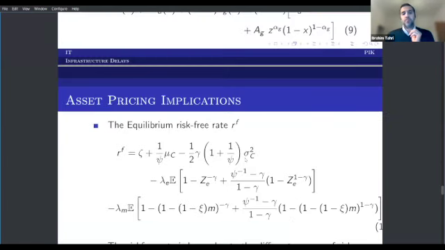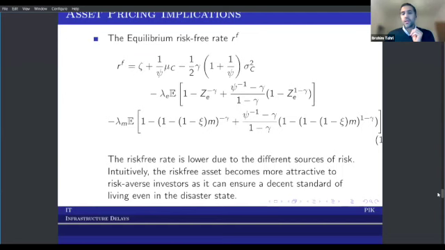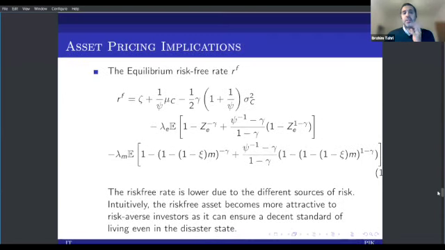Now, let me go quickly to some of the implications here. What happens to the equilibrium risk-free rate? What we see here is derived from the above setting. Of course, I skipped some of the steps, but first I need to derive the state price deflator, or the stochastic discount factor, and from there I get the risk-free rate.